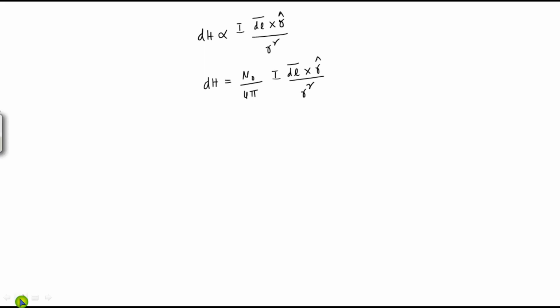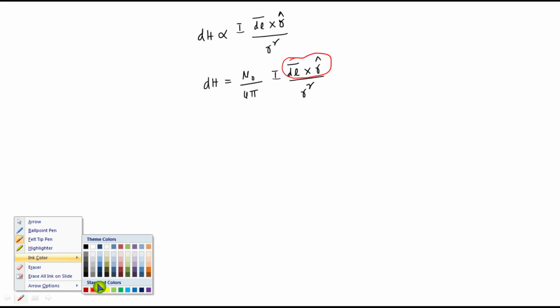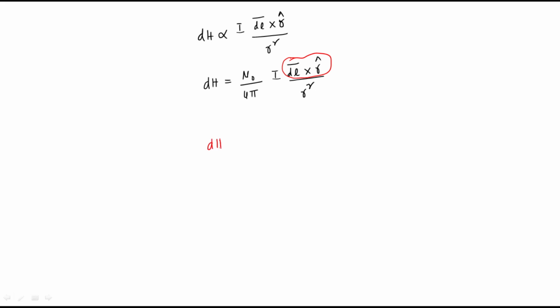In order to eliminate this cross product, since these are the directions of current and radius, we get dH equals mu naught by 4 pi into I dl sine theta by r square, where mu naught equals 4 pi into 10 power minus 7 Tesla meter per ampere.